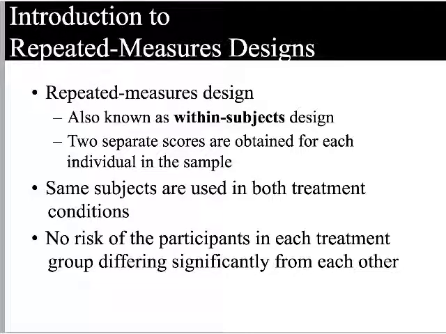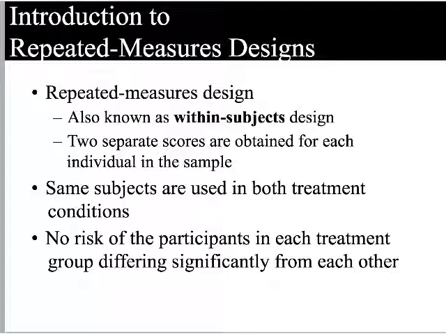And this is really important because anytime we recruit participants for a study and randomly assign them to two groups, as in the previous chapter, I gave an example where we were conducting a drug study. We recruited 60 people and we randomly assigned people to either a drug or a placebo group.